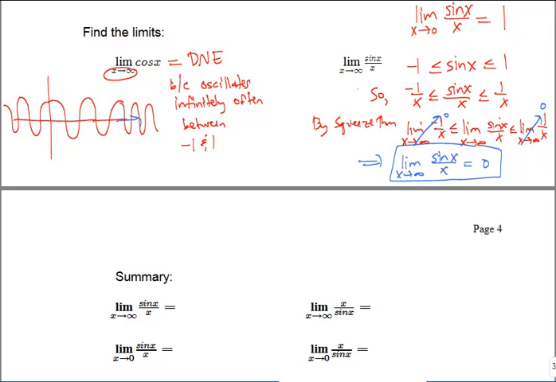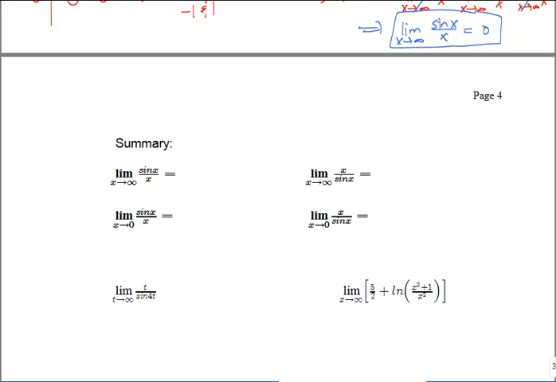Okay, so let's summarize at the top of the next page some of these important limits that we need to know. So we just showed that the limit as x goes to infinity of sine x over x goes to 0. Now think about what the reciprocal of that would be. If I flip over x over sine of x, what would that turn out to be? Well, it should be the reciprocal of whatever this limit was over here.